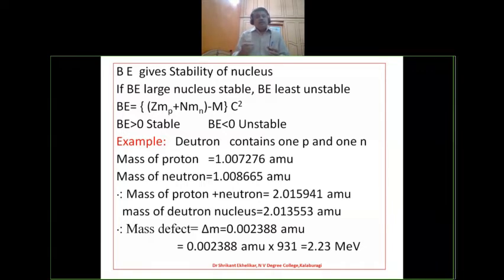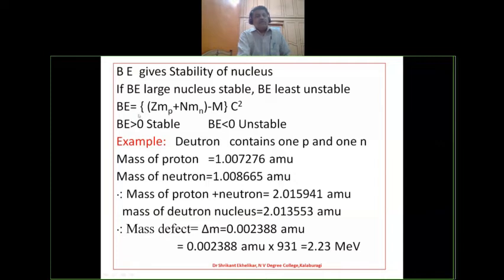Therefore, if the minimum energy required is very large, the nucleus is stable. If the energy is very small, it is unstable. So, if the binding energy is large, the nucleus is stable; if the binding energy is least, it is unstable.